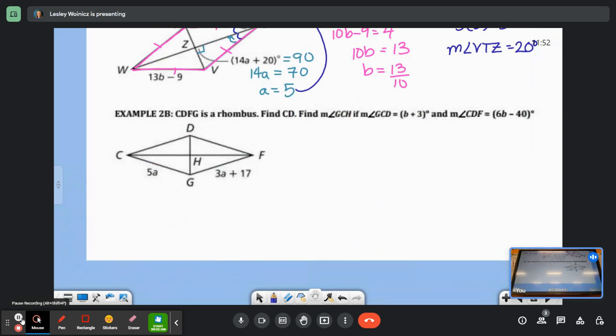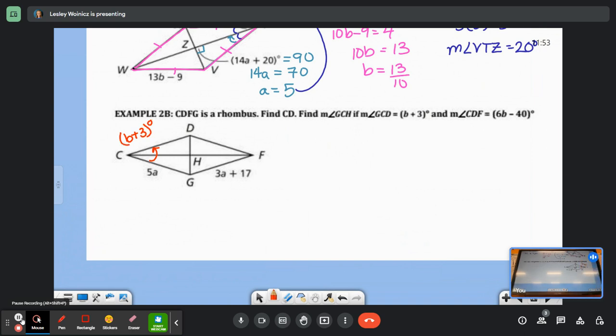Okay, so we've got another rhombus. We have to find the measure of angle GCH if the measure of angle GCD is b plus 3. Let's label. GCD, so that's this whole thing, is b plus 3 degrees.